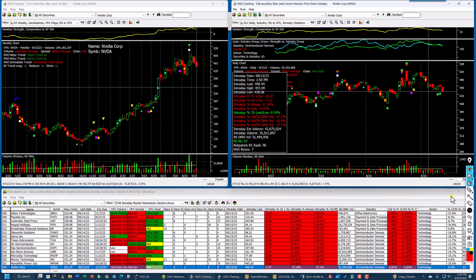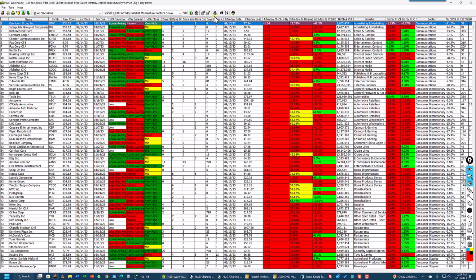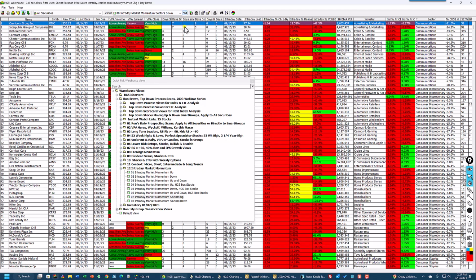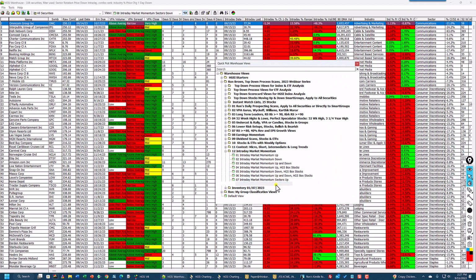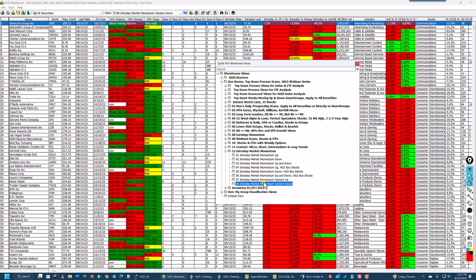Now, I don't want this video to get any longer, so I'm going to shut it down, but I just wanted to point out to you that if you want to use the momentum sectors up and down, they're right here. And remember, they go directly to the spider sectors, the stocks within those sectors.